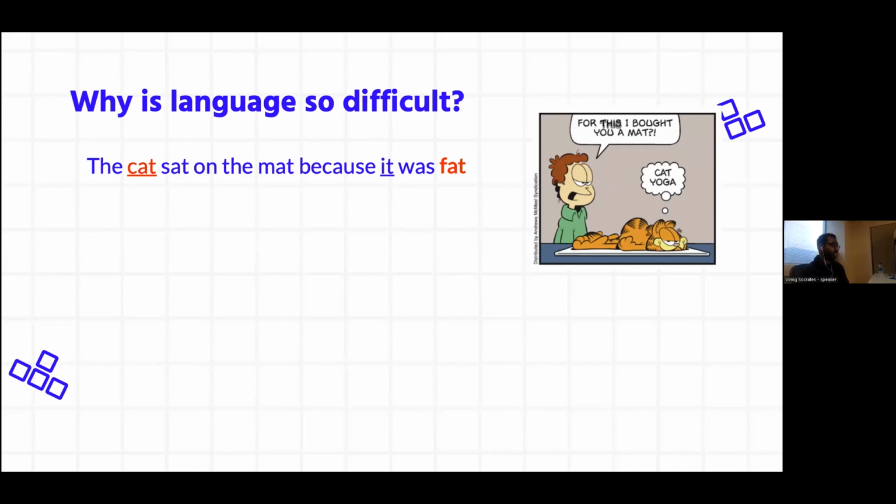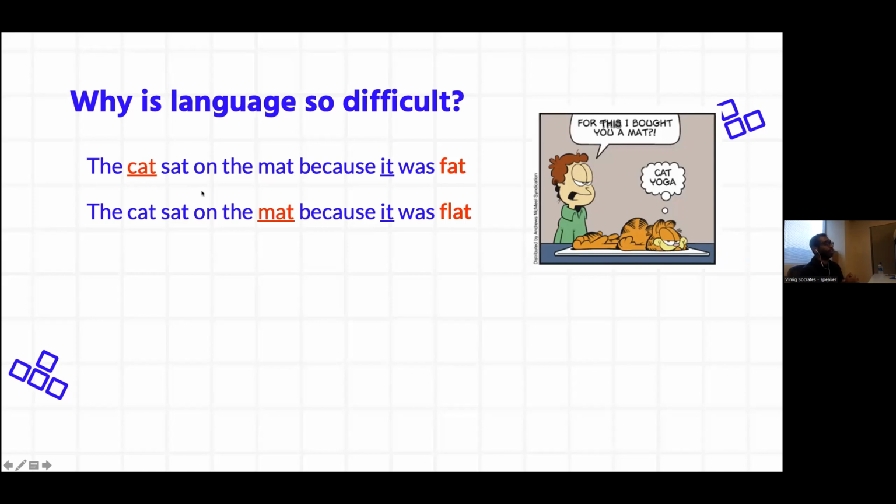But what if we change the sentence just a little bit? So let's change the last word from fat to flat. So the cat sat on the mat because it was flat. So what does it refer to now? Yeah, exactly. So it refers to the word mat. And so all we did was change a single letter, and to a computer, that might not mean a lot, but because of how we understand the world, we know that cats cannot be flat, right?